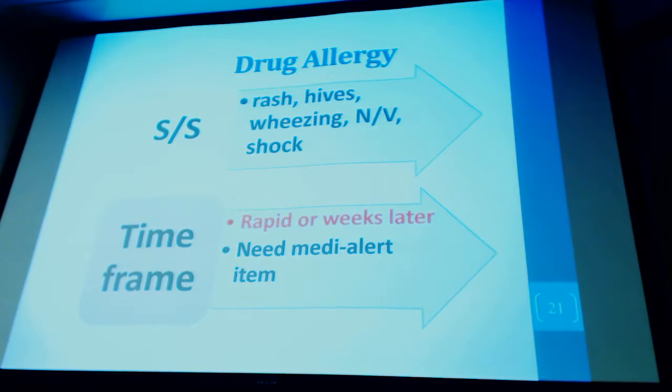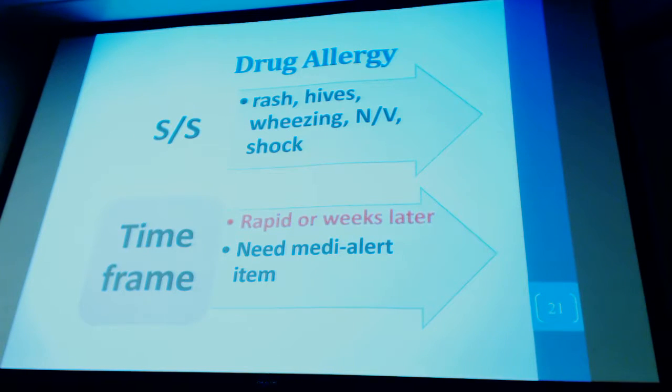Now, if they never had that penicillin when they were 15, and you gave it to them the very first dose at 35, no reaction. You're working the next day, you give them another dose of penicillin, that's when they can go into shock. Or they can go into shock after the 100th dose.